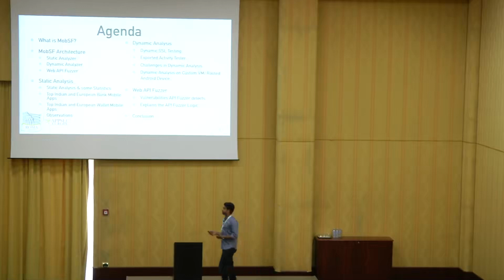We will see what vulnerabilities are common and can be easily found, and the observations. Then I'll explain the dynamic analyzer, where I'll show how you can dynamically test for SSL-related bugs, and how you can find exported activities dynamically. And finally, the web API fuzzer, where we fuzz and find vulnerabilities in the API, and I will also explain the logic that I'm using to detect these vulnerabilities.